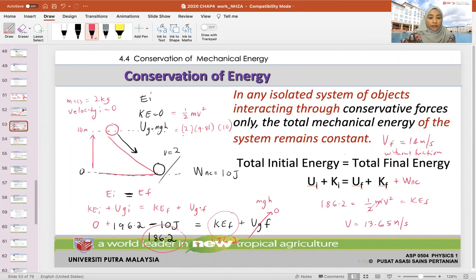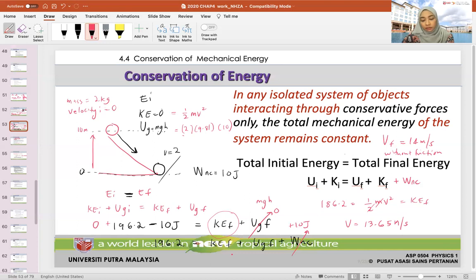Okay, so this is if I put the non-conservative work done on the initial side. Sebab kita lost energy. We know that we lost energy. So if I put it on the other side, this would become 196.2 equals KE final plus UG final plus non-conservative work done, which in this case is positive 10 joules.